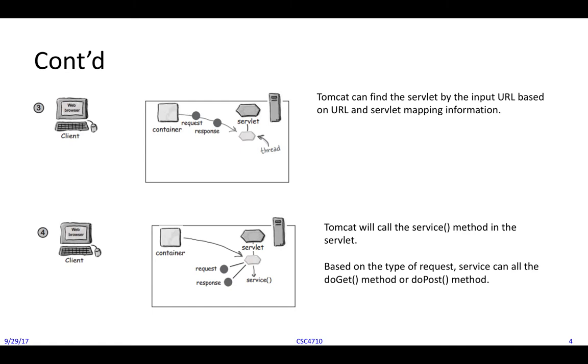The first one is get, and the second one is post. If you want more information, you can Google what the difference is between get and post, and the advantages and disadvantages of both methods. And then the service method can call the doGet method or the doPost method.